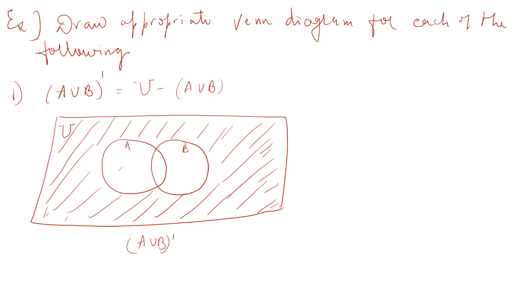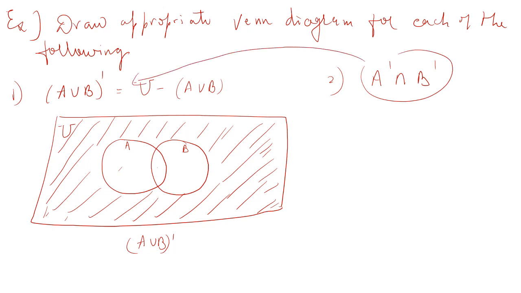Now students, remember, if you get the question to draw the Venn diagram for A complement intersection B complement, here you will get a little bit of confusion. So remember that A complement intersection B complement is always equal to A union B whole complement. So both are equal, therefore their Venn diagrams are also equal.